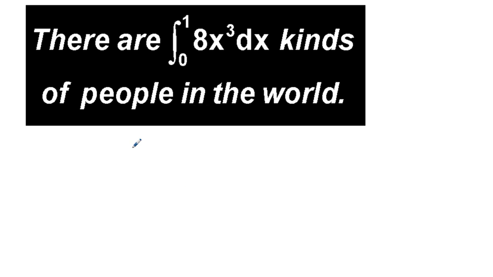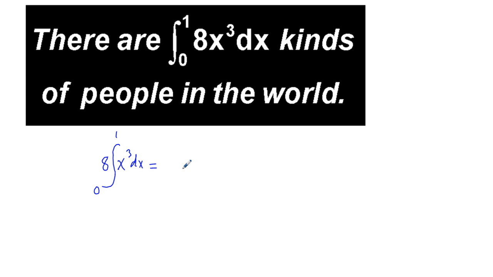So what we have is the definite integral or fundamental theorem of calculus. We have the integral from 0 to 1 of 8. I'm going to take this coefficient 8 and put it outside to the left of the integral symbol.